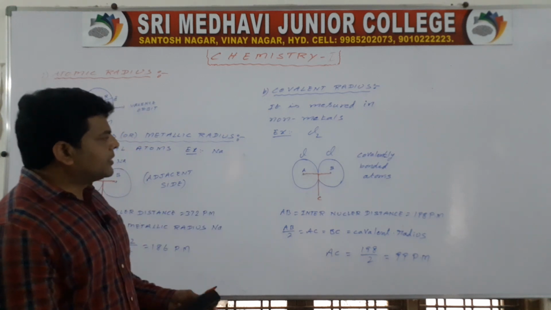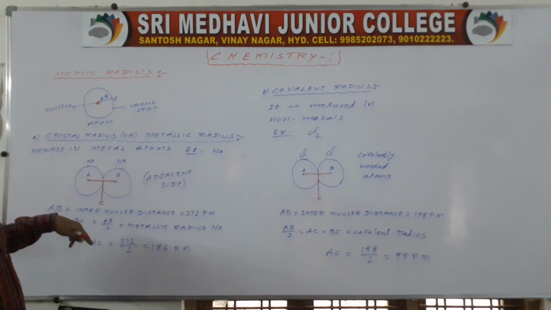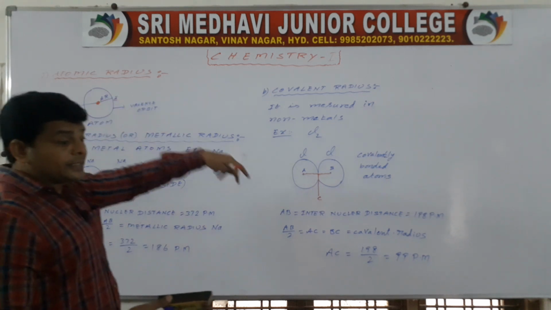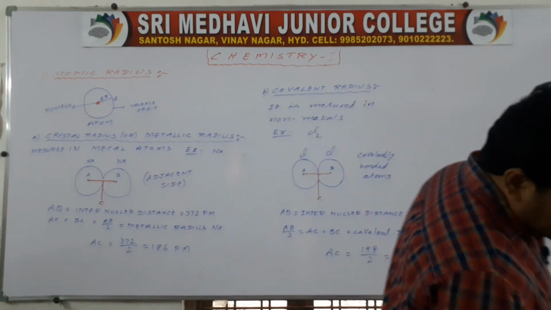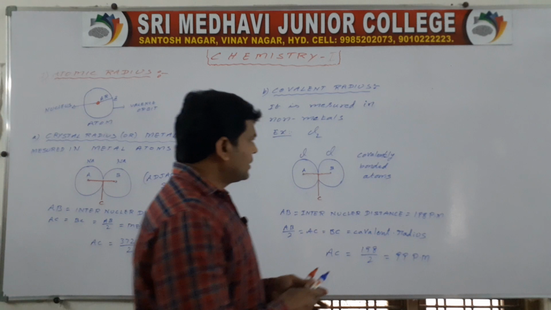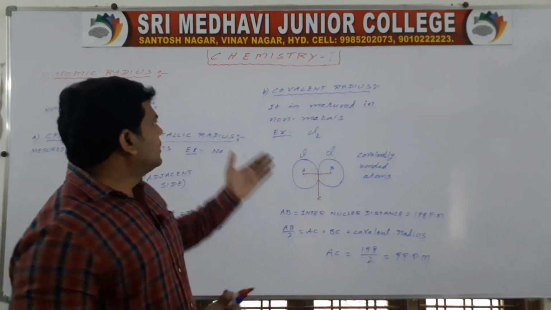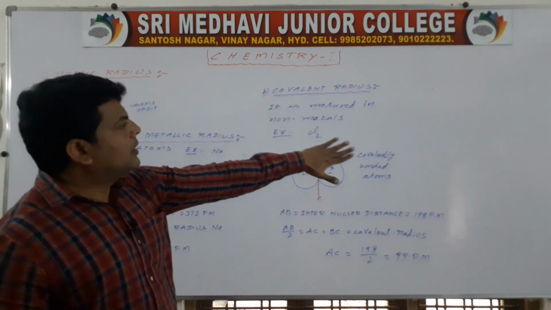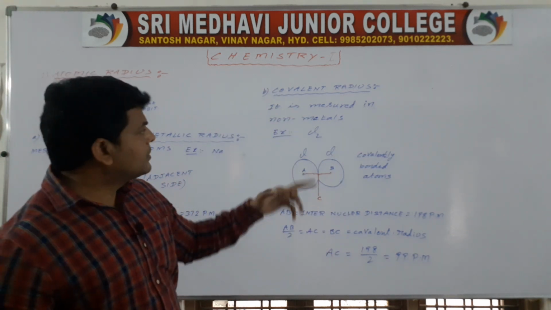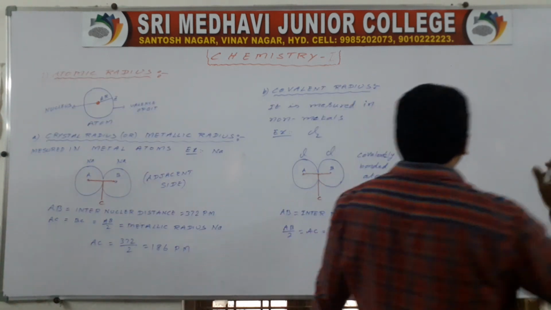This is nothing but the covalent radius, the crystal radius, the atomic radius. Next, you have to know the variation of atomic radius in a period and a group. Very important.